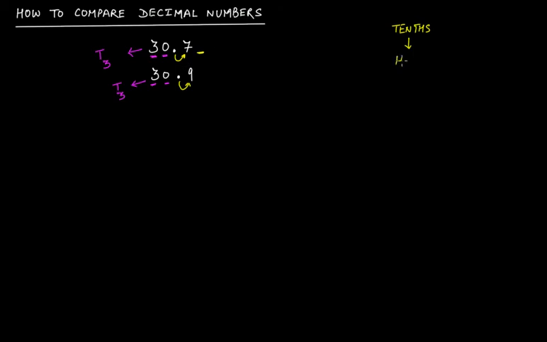You will say hundredths. Which place value comes next? You will say thousandths. Which place value comes next? You will say ten-thousandths. And so on.